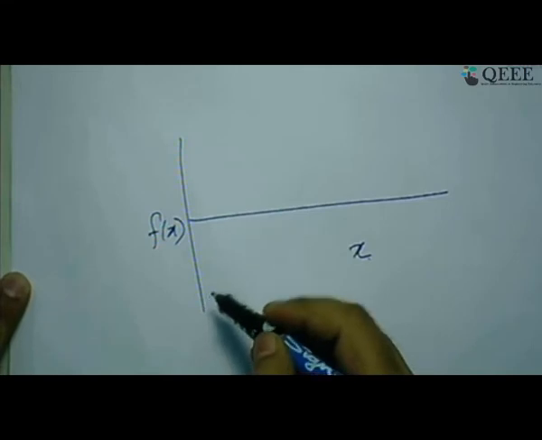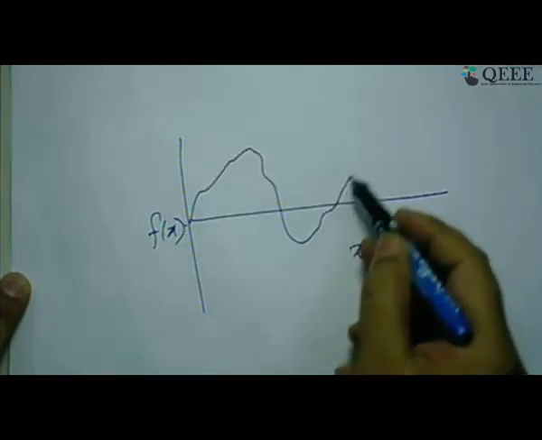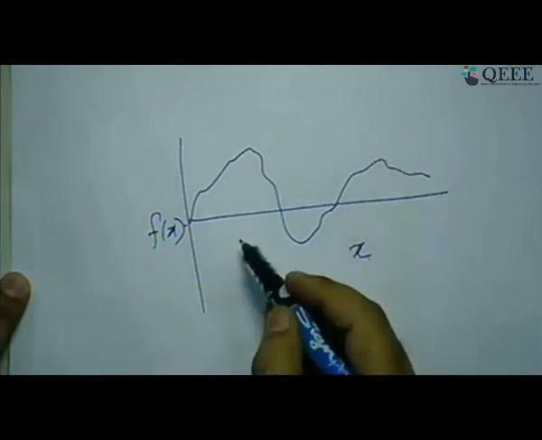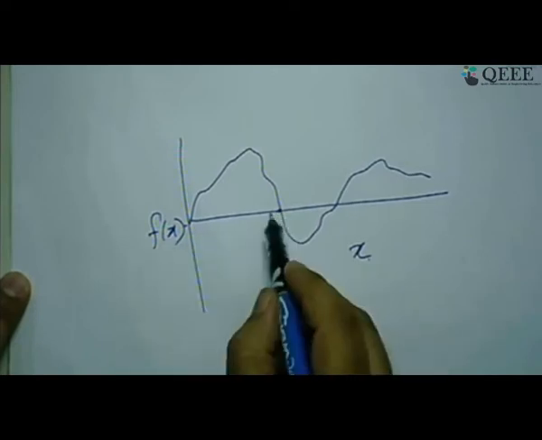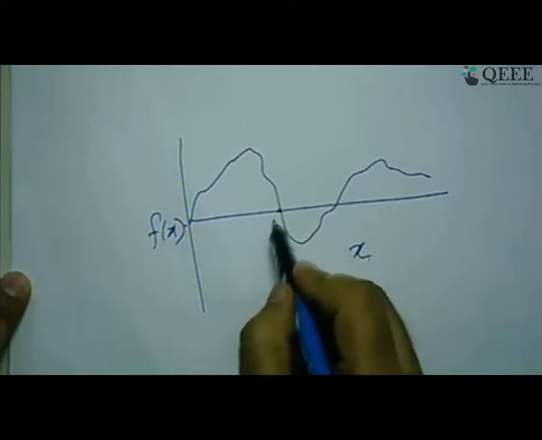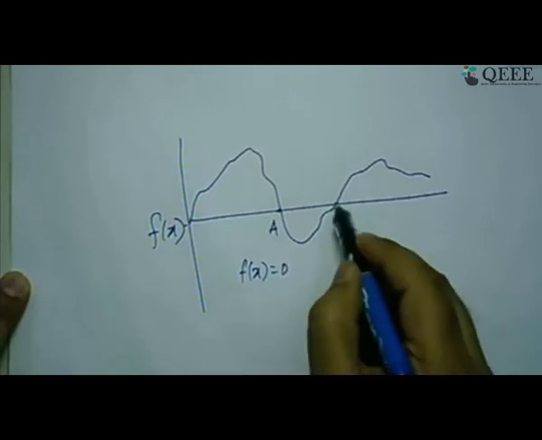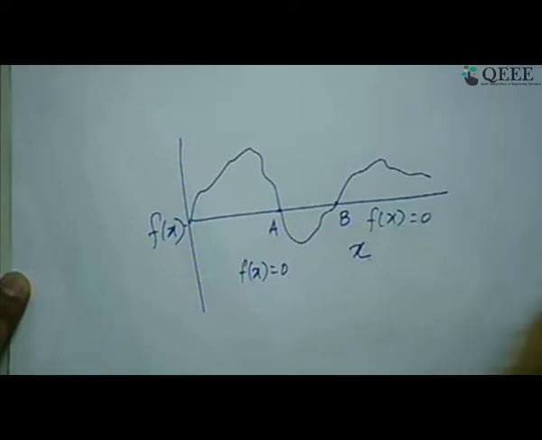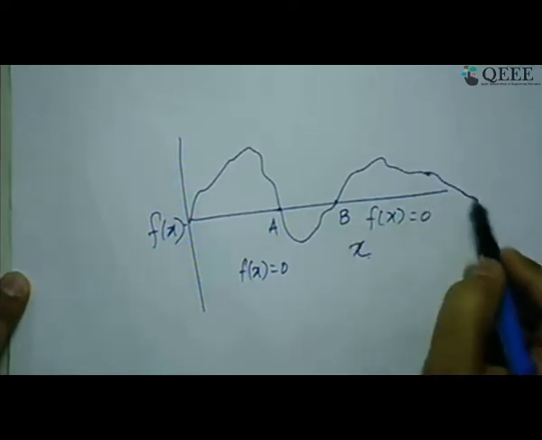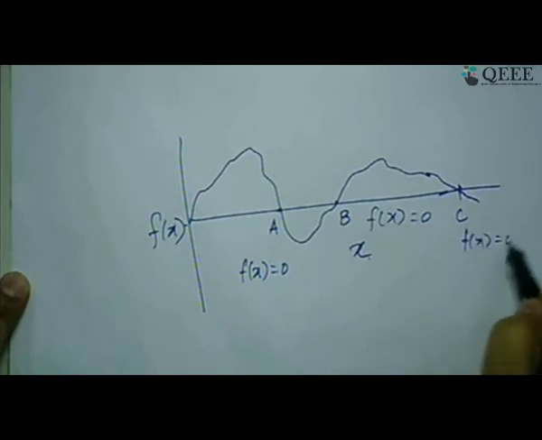What I am trying to see is where this polynomial has its zeros, that is, where f of x equals 0. So this is point A where f of x equals 0, this is point B where f of x equals 0, and so on. It might have another point C at which f of x equals 0, and so on.